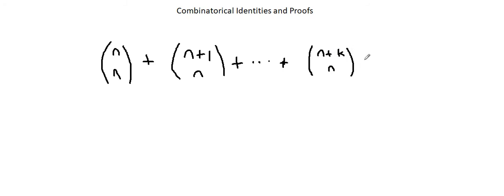This is just equal to a much simpler expression, which is why this is an amazing problem solving tool: n plus k plus 1 choose n plus 1.